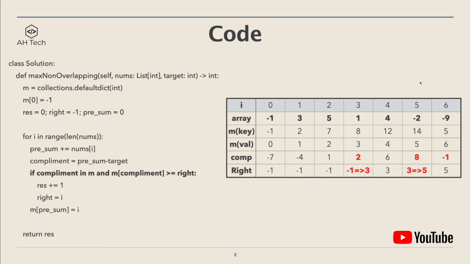And the same at index 5, the variable complement is 8, already appears in the hash map, and the value is equal to 3 here. So we will increment the result by 1 and also update the variable right from 3 to 5. So the final result for this example is 2.